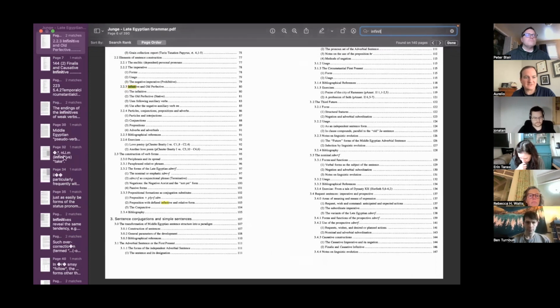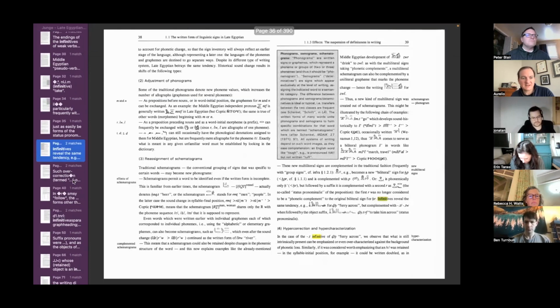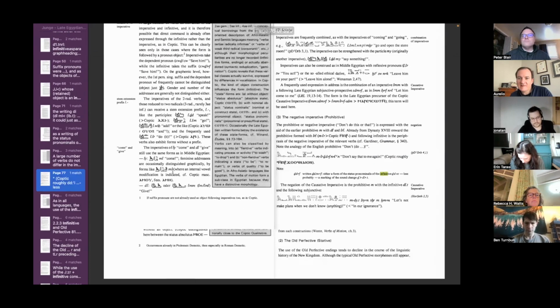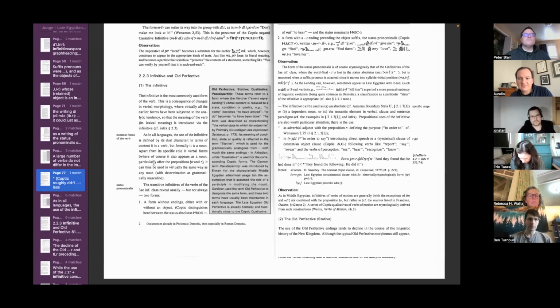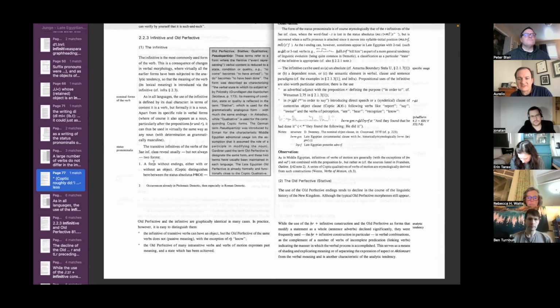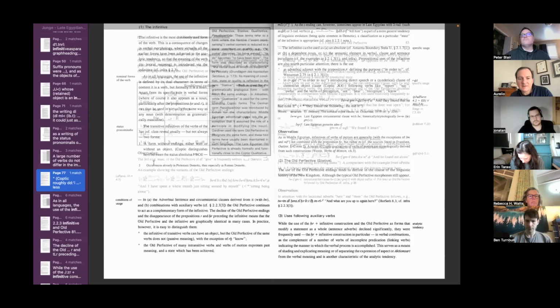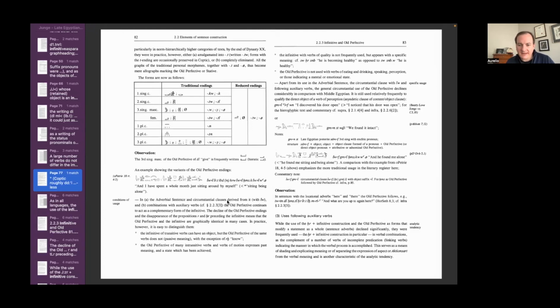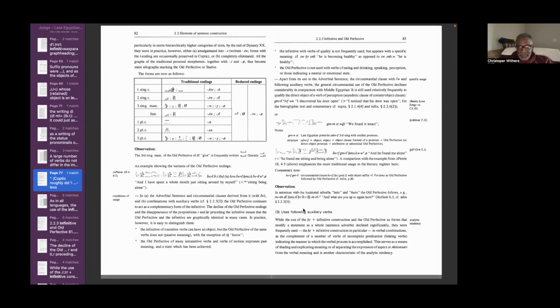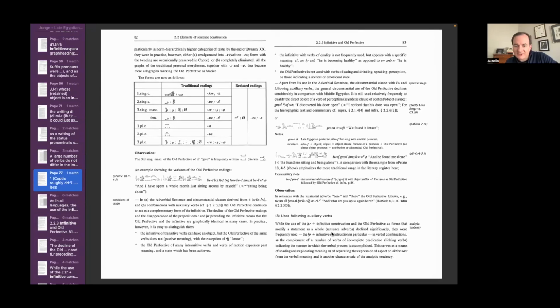Infinitive and old perfective, that should be page 80. Oh no, he's just contrasting them here. Uses following the following auxiliary verbs. Okay.